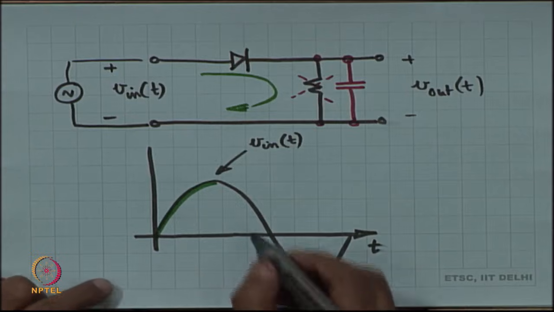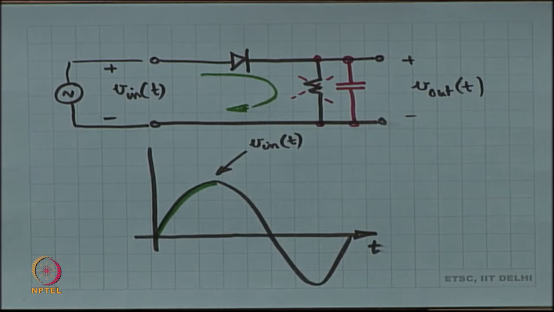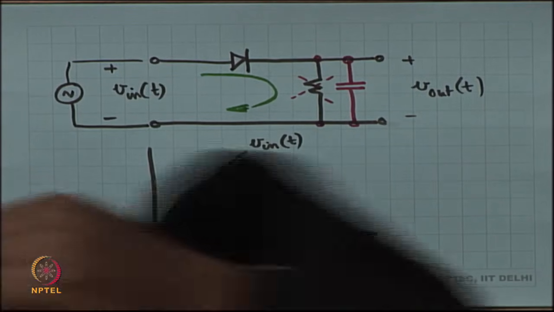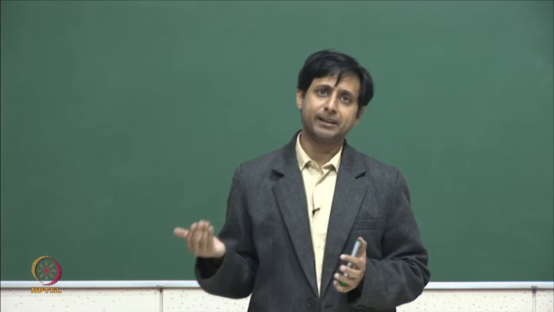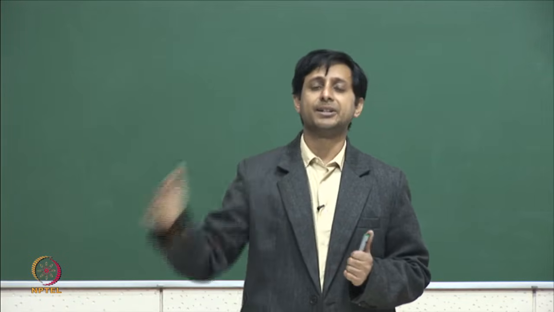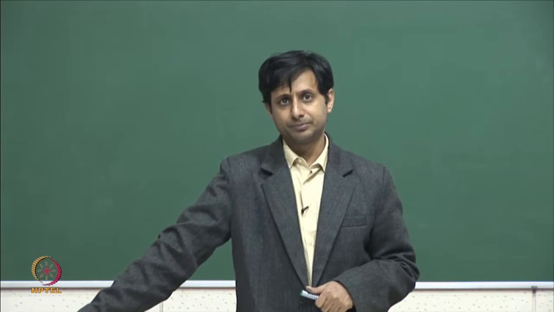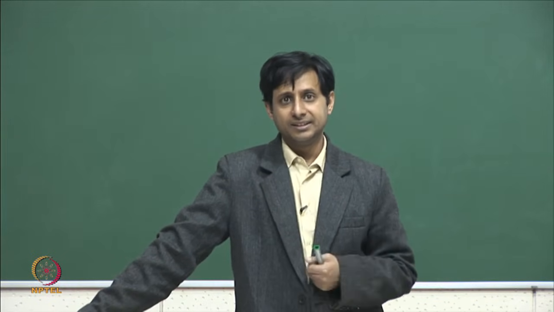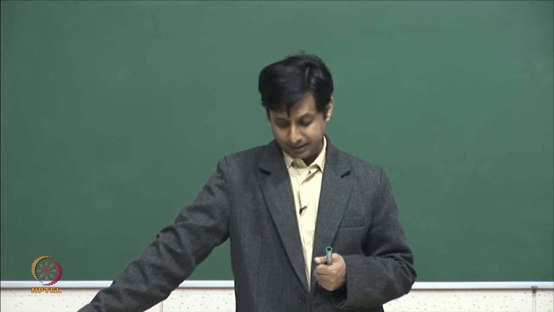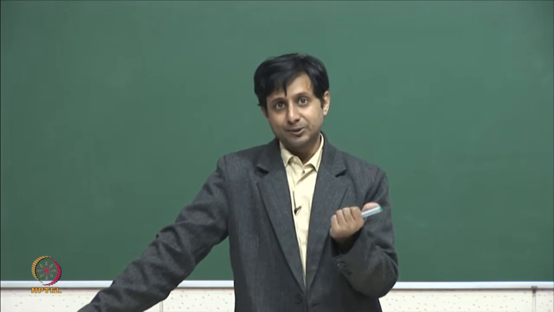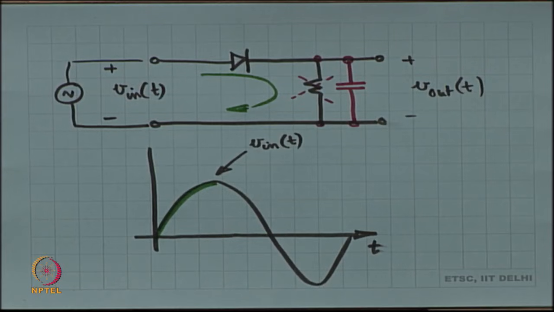But when it comes to dropping down, the capacitor has to discharge, and the current has to flow backwards back into the source. Is that right? Now, the diode is not going to allow that, which means that this capacitor is allowed to charge up but not discharge.